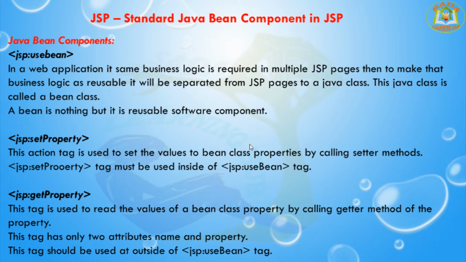That student class is called a bean class: it is separated from the JSP page, but we use this class in different JSP pages. A bean is nothing but a reusable software component. Whatever code we put into that class, we use in different places. That type of bean is called a reusable software component.